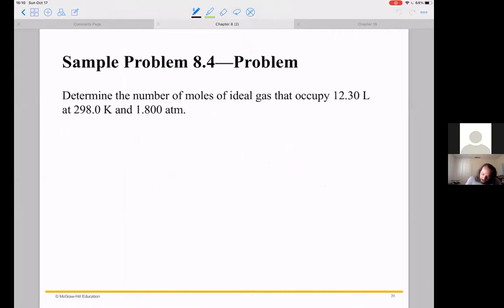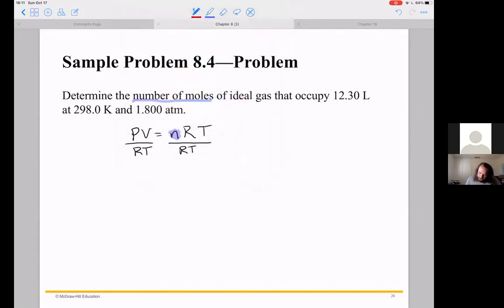All right, so now we're gonna solve another problem, but in this case, the unknown is the number of moles of the ideal gas. So PV equals nRT, but we want to solve for number of moles, or n. So we need to isolate n. So we're going to divide both sides by RT.